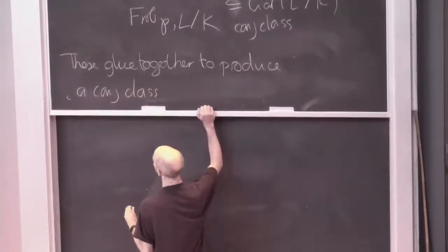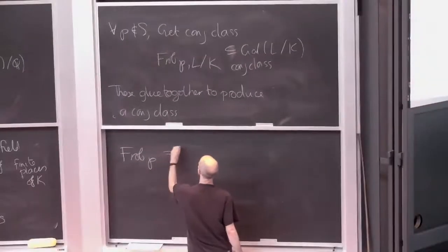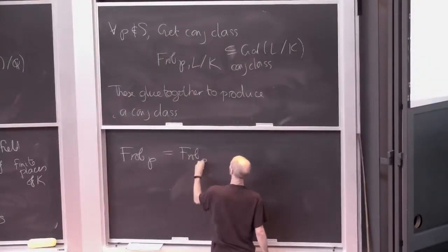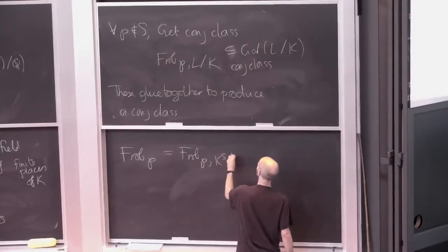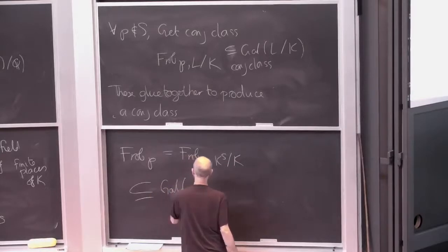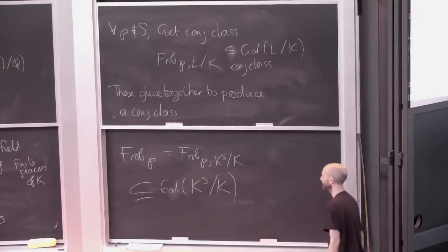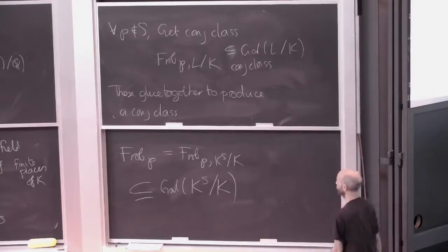And that conjugacy class is now still called Frob_P there. And if you like, Frob_P, comma, K_S over K, we really want to keep track. And that is a subset of Gal(K_S over K). There. And it's a conjugacy class.